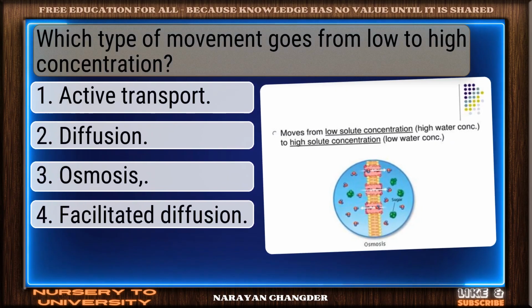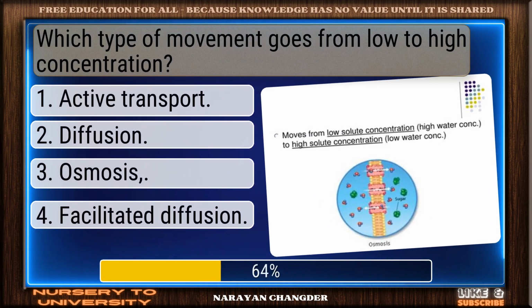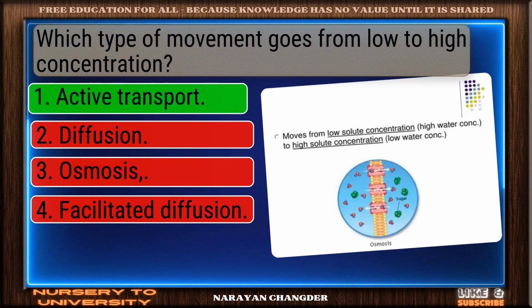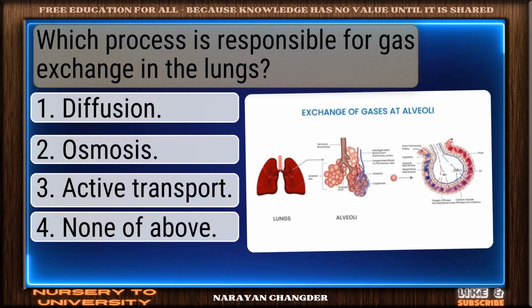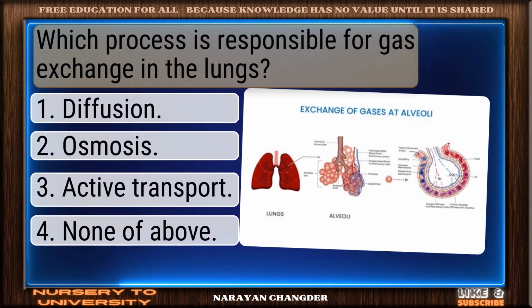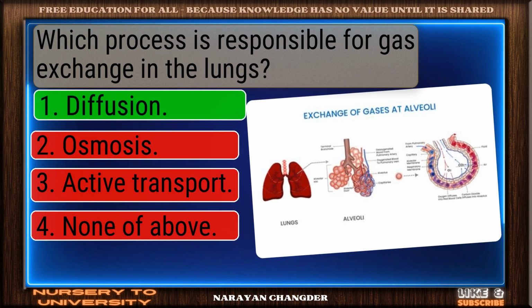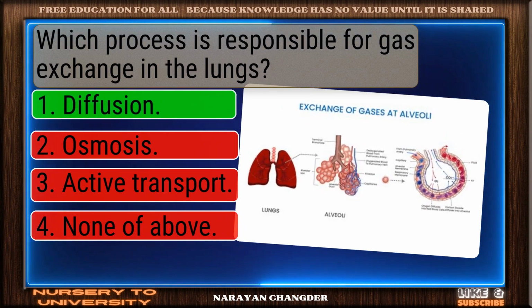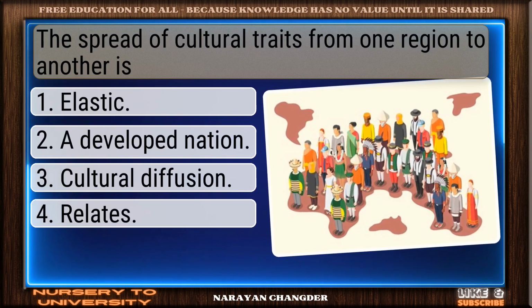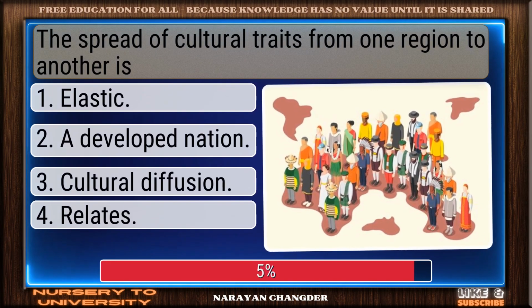Which type of movement goes from low to high concentration? Valid point. Active transport is true. Which process is responsible for gas exchange in the lungs? Right again. Diffusion is a valid answer. The spread of cultural traits from one region to another is.